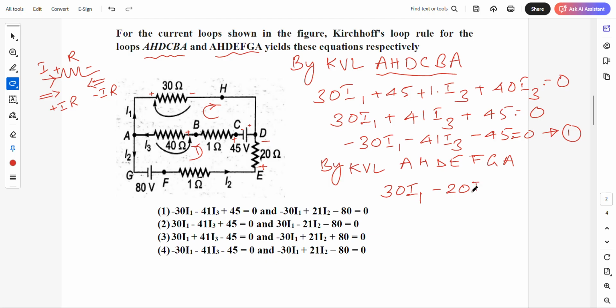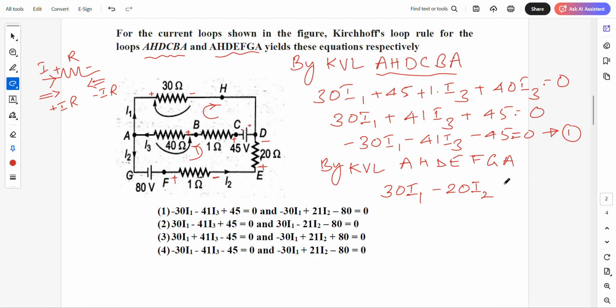Why? Because I am coming from top to bottom, so minus, because current is flowing the other way. Minus of 21. Now E to F, current is flowing like this I2. This is plus and this is minus.